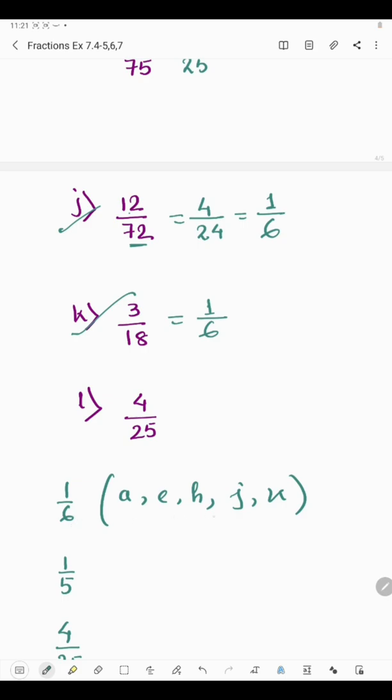So these all are equivalent. Equivalent means equal. These all are 1 by 6, right? That's why we have made a group of 1 by 6.